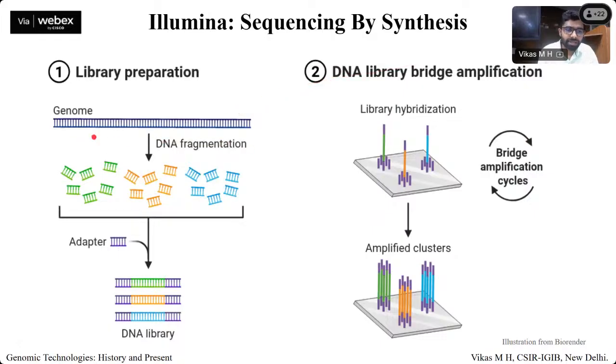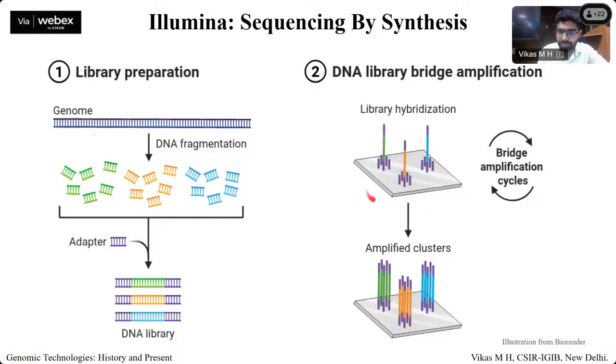Whenever a DNA fragment is fragmented into smaller pieces, adapters are added so that the libraries can be used for sequencing. These adapters, along with the barcode, are designed in such a way that they have a complementary binding site on the flow cell of the machine.